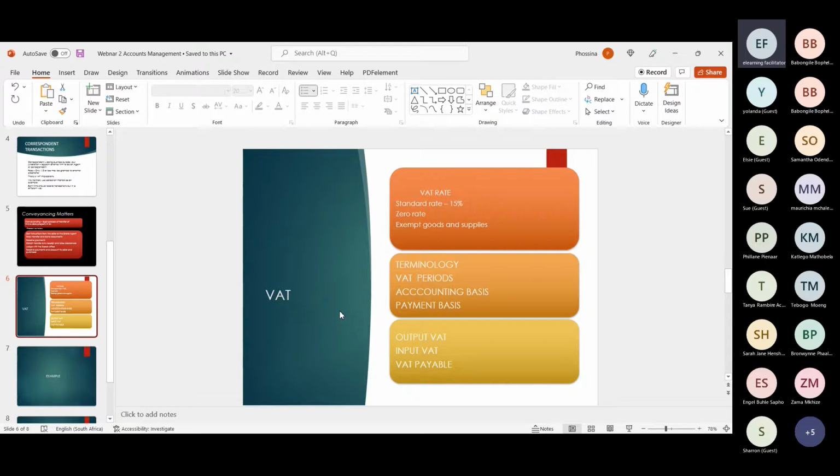Say, for instance, I am consulting with a client and I'm going to consult for 500 rand. You would say, okay, that 500 rand, is it including VAT or excluding VAT? So you have to define it. If the client is to pay 500 at the end of the day, then we would say that 500 is including VAT because your firm is registered for VAT.